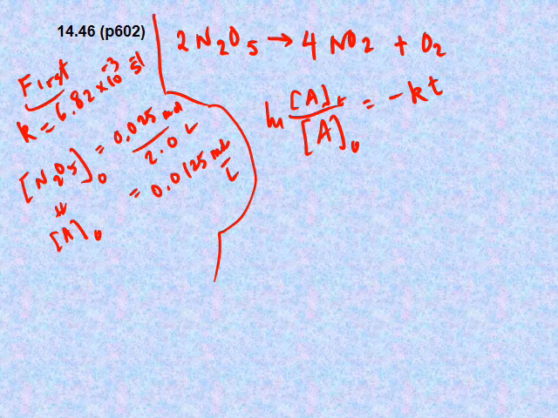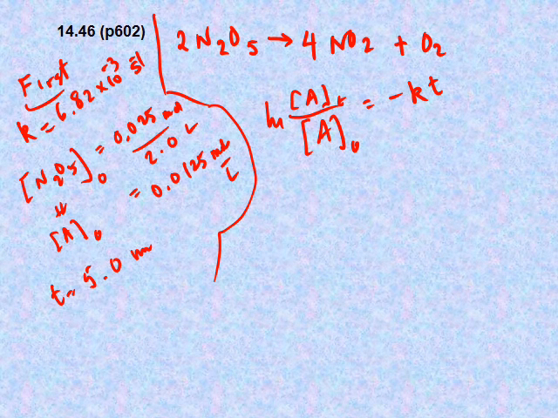Now time is given. They're saying the time is 5 minutes. So they're asking for that. This is 5.0 minutes. I'm hoping that I copied these numbers with the right number of significant figures.